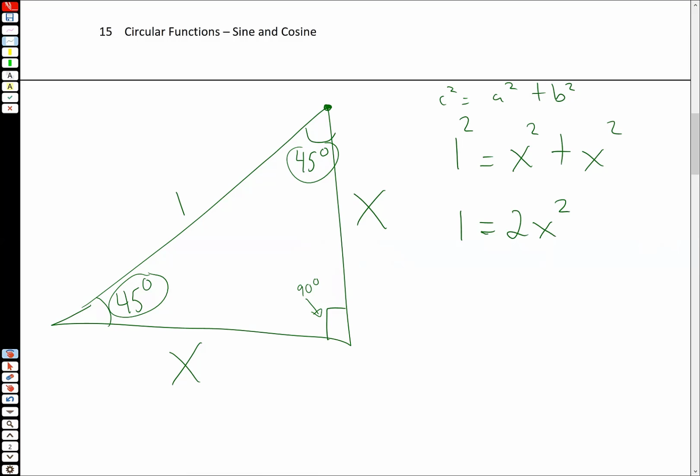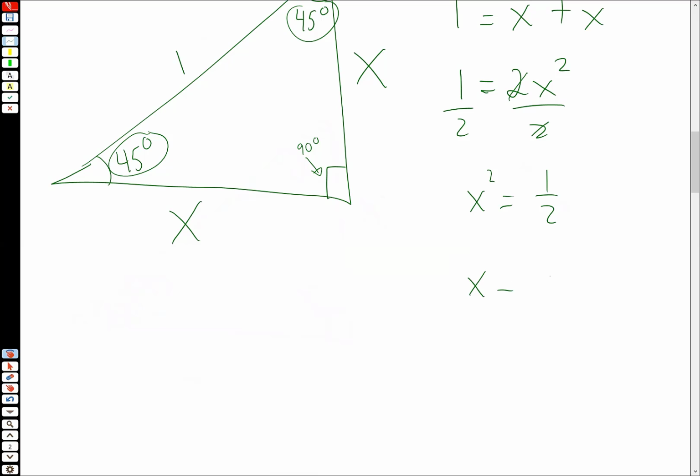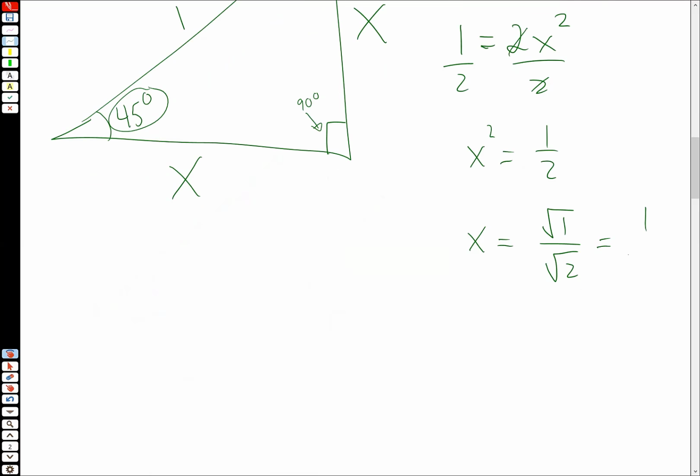Now we just have to solve for x. Divide both sides by 2, and we get x squared is equal to 1/2. Take the square root of both sides, and we're going to take the positive square root in this case. So we get x is equal to 1 over the square root of 2.